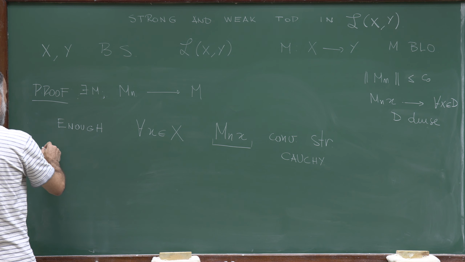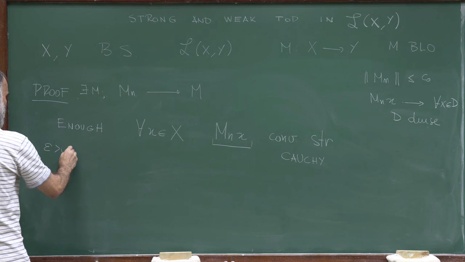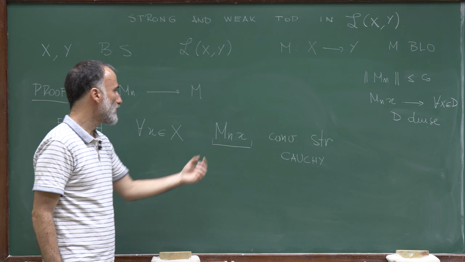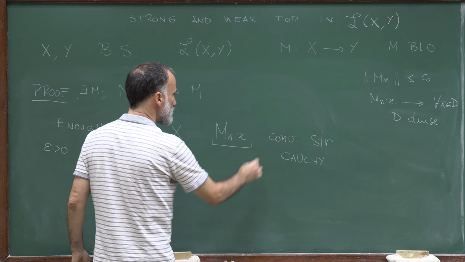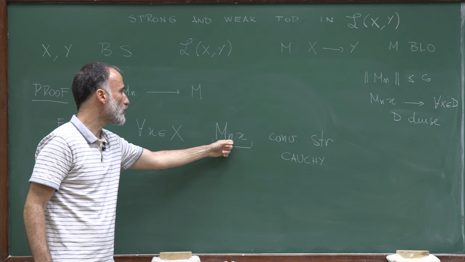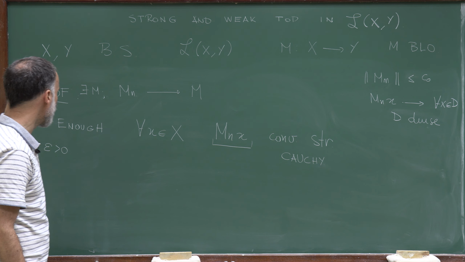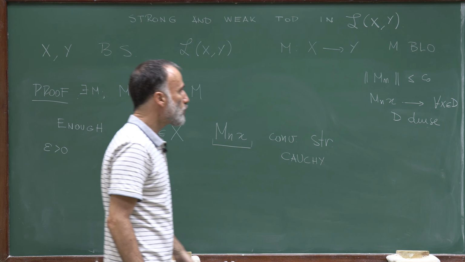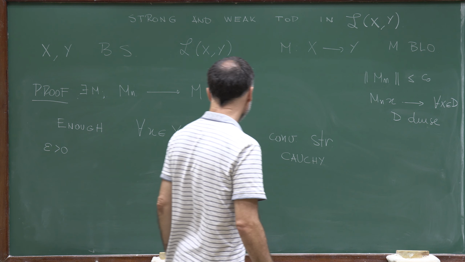To prove that it's Cauchy, we fix an epsilon positive. And we have to show that the difference between two terms is very small if the indices are large. So fix that epsilon. We know that D is dense.